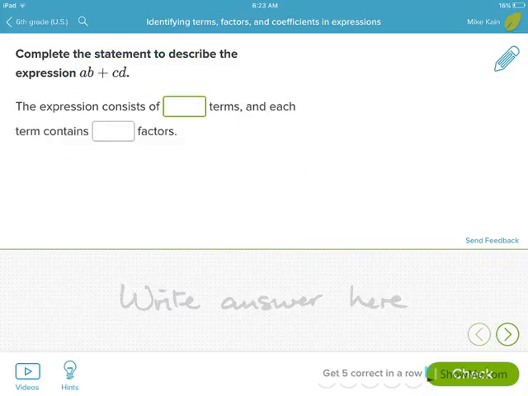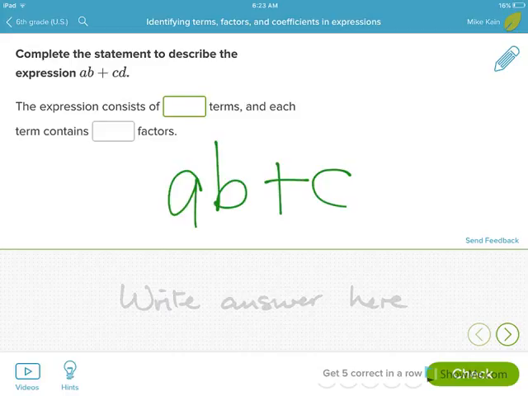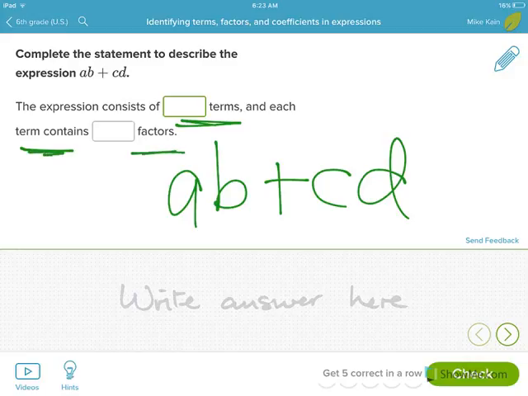I'll try not to. So look at this one. Complete the statement to describe the expression AB plus CD. So it says the expression consists of how many terms? Let's stop there. Well, let's read the whole thing. The expression consists of how many terms, and each term has how many factors. So how many terms are in the entire thing here?